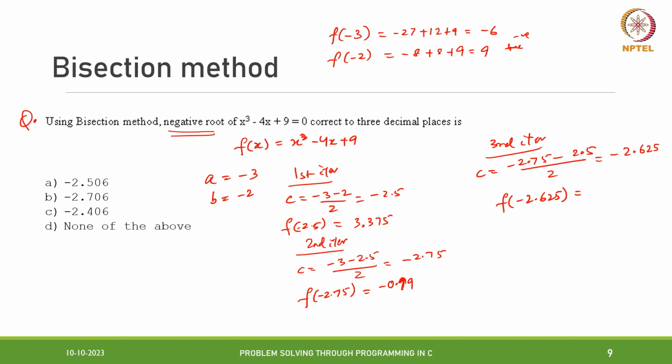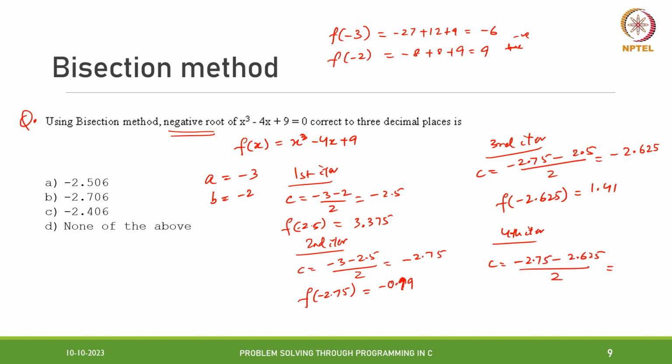So yeah, calculate this. Okay, so this is positive. That means it will go and replace minus 2.5. Okay, so in the fourth iteration, what we will do is we will take this minus 2.75 and minus 2.625.